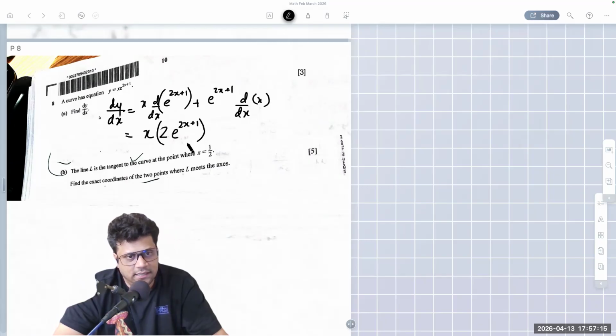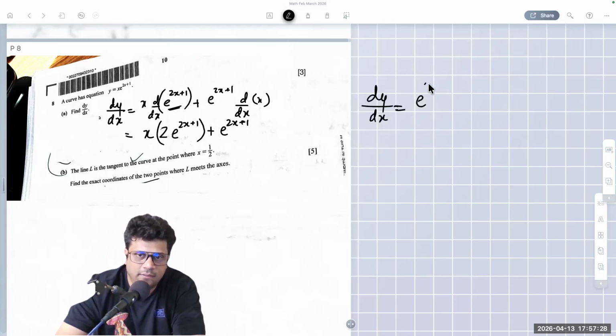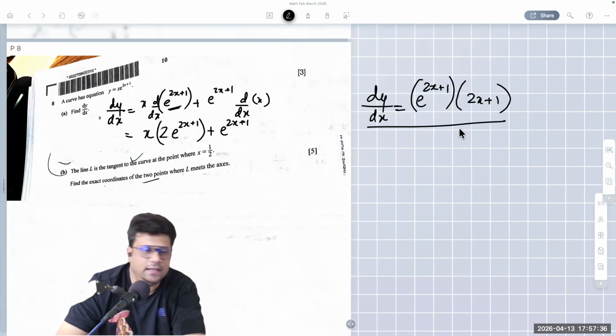That is the derivative of this thing, chain rule. And dy by dx comes out to be e to the power of 2x plus 1 out common, with a 2x plus 1 inside. There. That is the derivative.